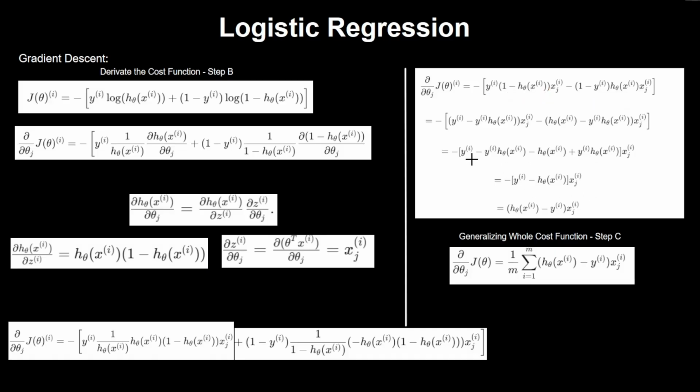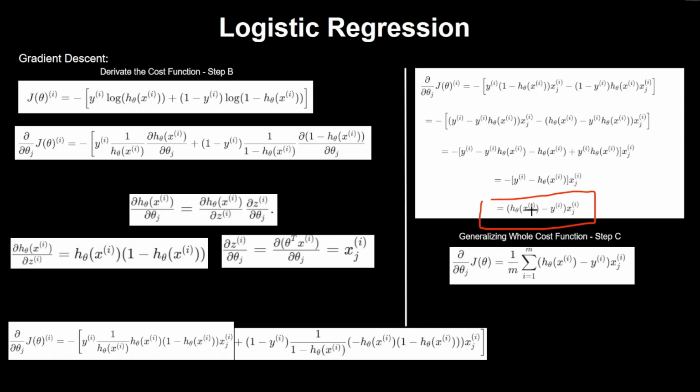Here in this equation this and this will be cancelled out, and what remains is this equation. After doing the calculation, we have this one, and finally if we rearrange the negative sign, we get to this equation. So this is the final partial derivative of the cost function for a single observation.